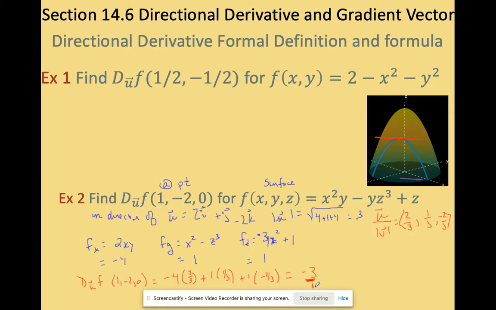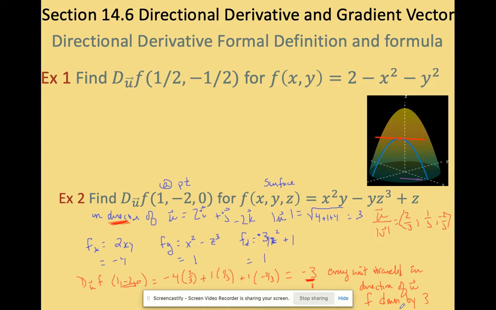What this means is that every unit you travel in this direction, from this point, in the direction of vector u, f goes down by 3 units, right?